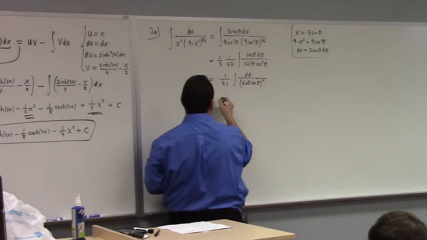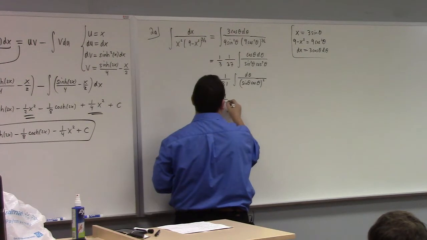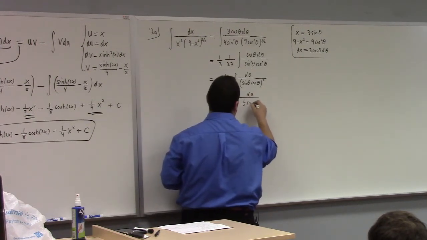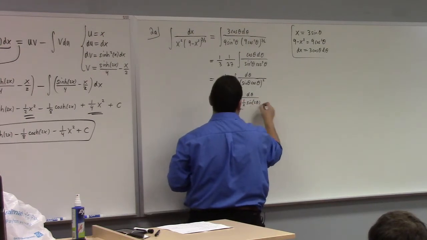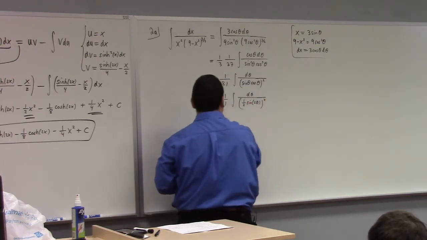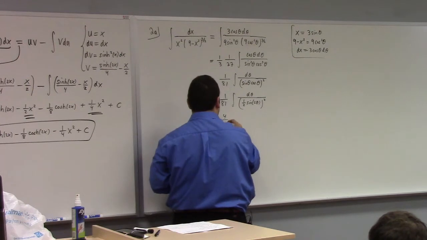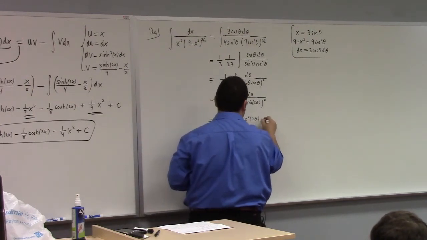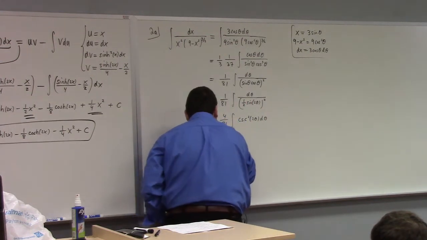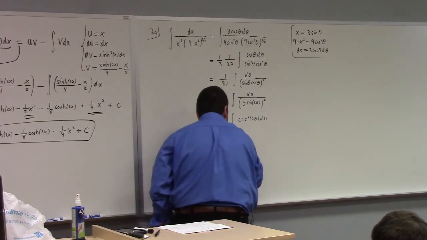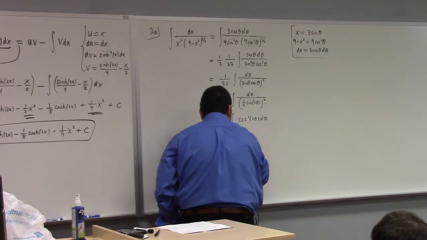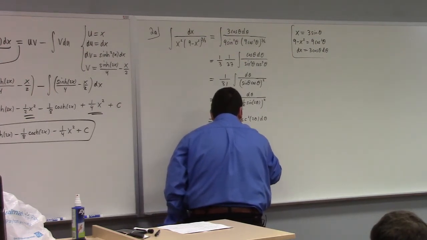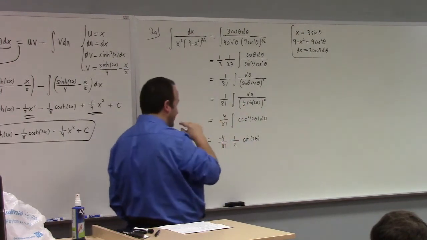Personally, what I would do here at this point is write it as d theta over (1/2 sine 2 theta) quantity squared, which will then make this 4 over 81 integral of cosecant squared 2 theta d theta, which is elementary. And so the answer is minus 4 over 81, and there's a half because of the u substitution, and that's cotangent of 2 theta plus a constant.